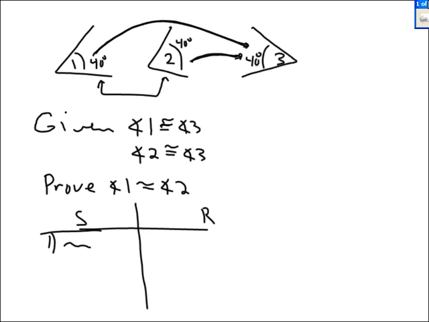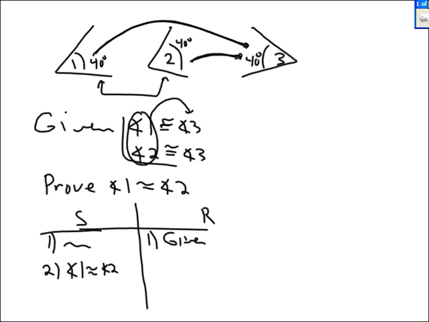1. The givens. The reason? It was given. Now, if two quantities equal a third quantity, those two quantities are equal. That's the transitive property. Angle 1 is congruent to angle 2. Since it's angles, I'll say angles.